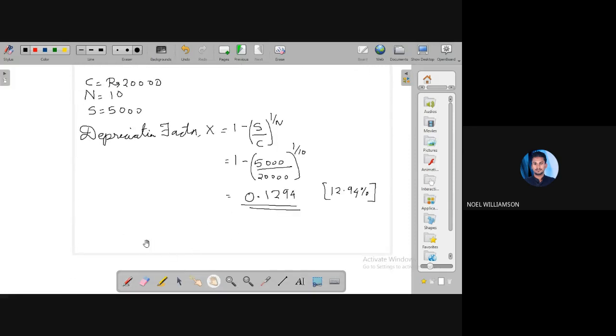Now we'll see the reduction in the value of the lathe after 1 year.